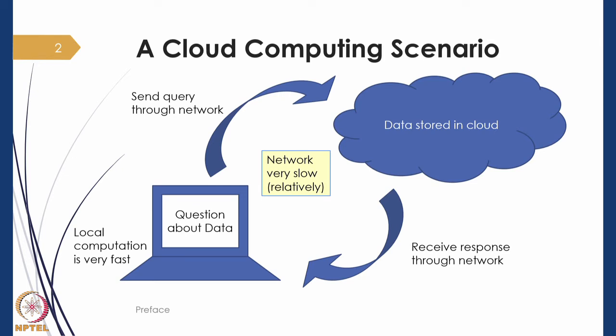We have data. It could be a graph, it could be a large data set, it could be some complex function. This data is somehow stored in a cloud or a data center that is physically far away from the computer that actually performs the local computation, and this local computer has some question that needs to be answered about the data.